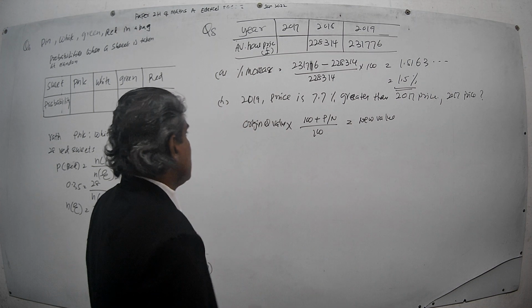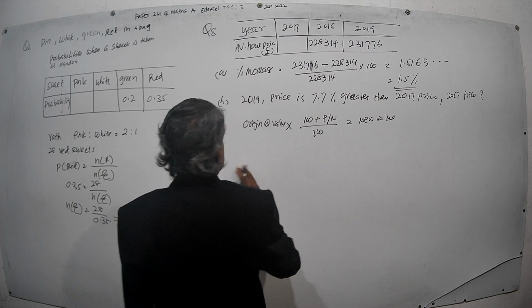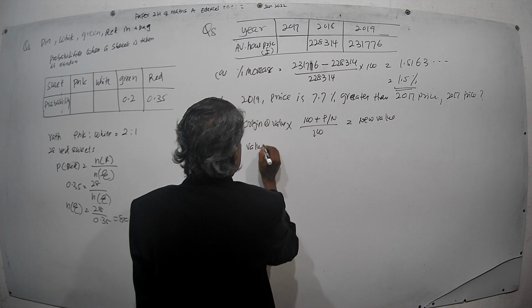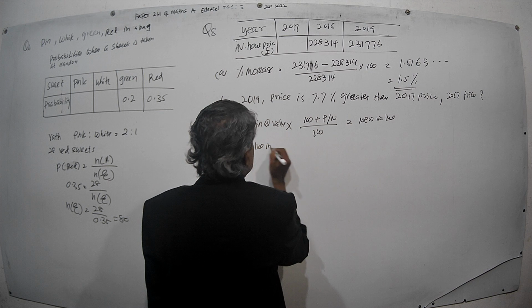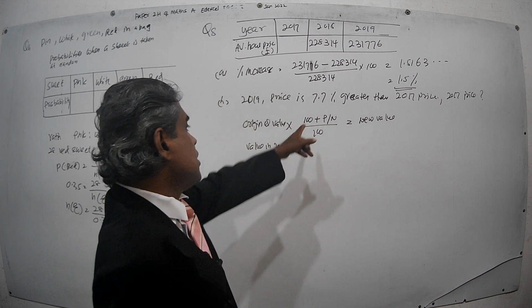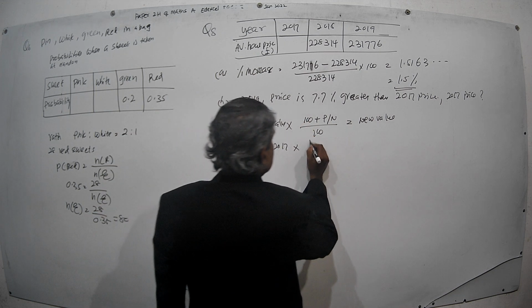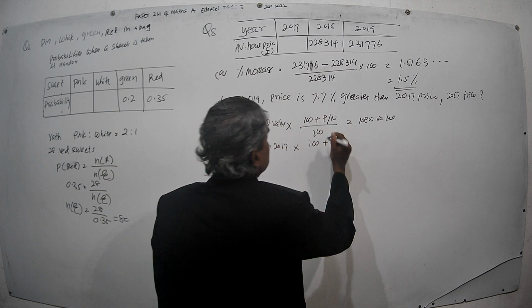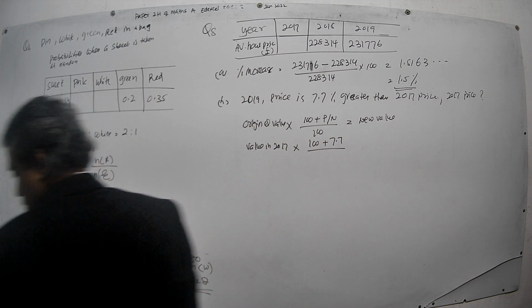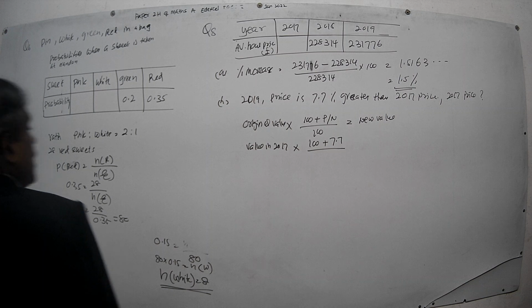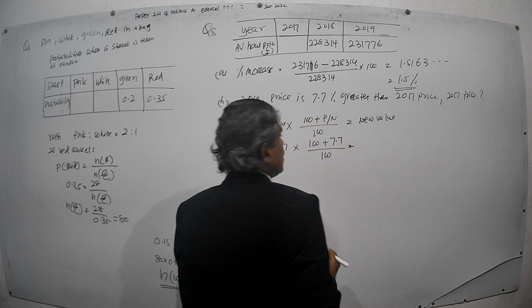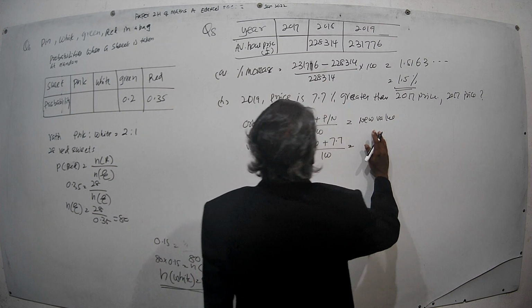Now here, the original value is the value in 2017, since 2017 comes before 2019. Original value times (100 plus the percentage number, 7.7) over 100 equals the new value, which is the 2019 value.